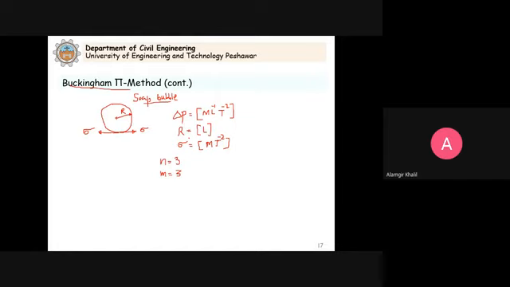Now to develop a functional relationship for this case, how many pi's do we need? According to the Buckingham Pi theorem, the number of pi's to solve this problem will be n minus m. So I write 3 minus 3 equal to 0. How will you solve this problem then?